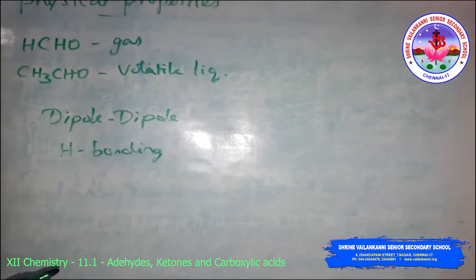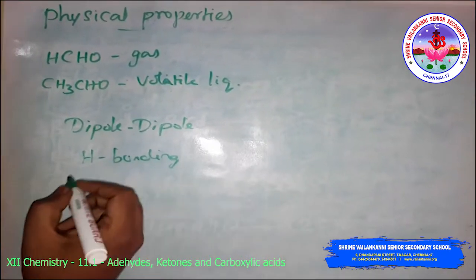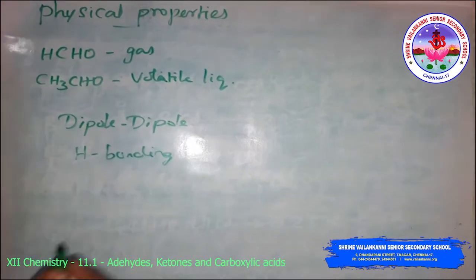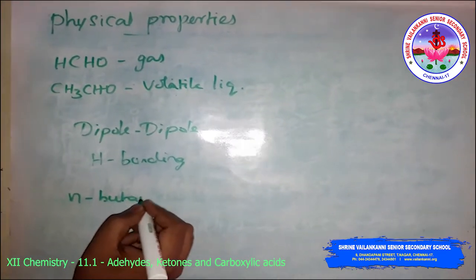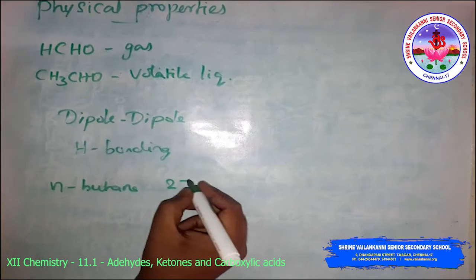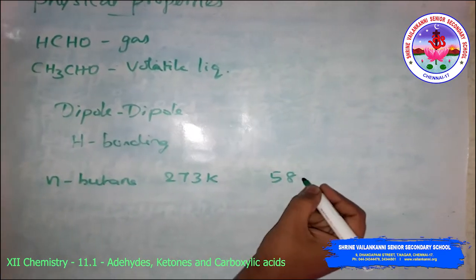Here I will show some boiling points. N-butane, the hydrocarbon: the boiling point is 273 Kelvin, and the molecular mass is 58 u.